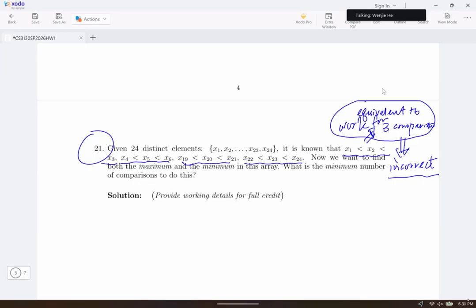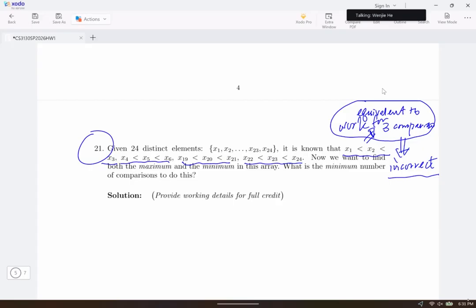The information we can get from 3 comparisons is a little more than this chain inequality. Why? I can explain it like this. Suppose I have 4 elements. I can get a little more information than this 3-element ordered chain. Let me show you.